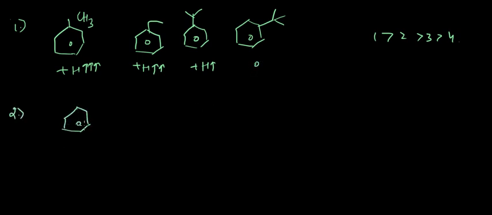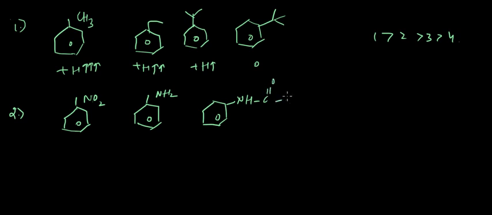Let's see for this compound. Aniline. You can also have NO2 first, then aniline, then we can have something like an amide group with N attached to the phenyl ring, and last we have something like this CF3. Okay, so this is deactivating.